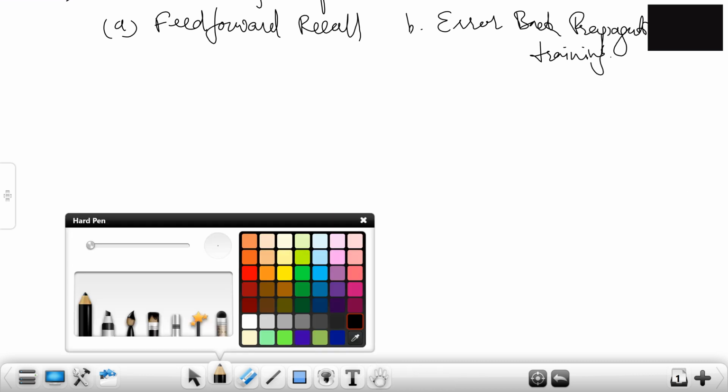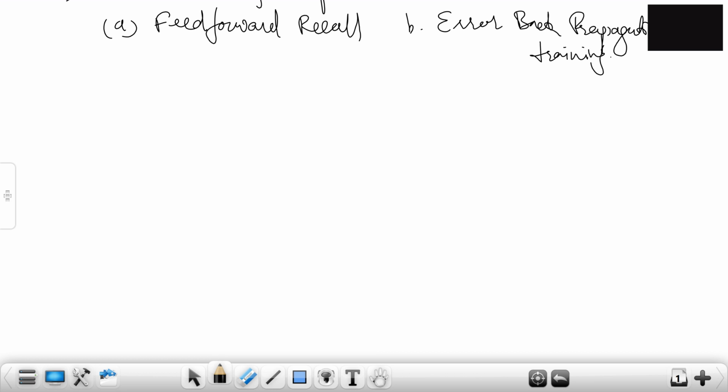I'm going to draw a circuit now. Probably it will take some time, and I'll explain the whole diagram, the whole network, as I draw it. Now we have to consider a two-layer network over here. One is going to be the hidden layer, the other is going to be the output layer. Usually we don't consider the input layer, but if you consider it, then we can call it a three-layered network. Some people consider inputs also as one layer. Fine, so I'm going to draw this.